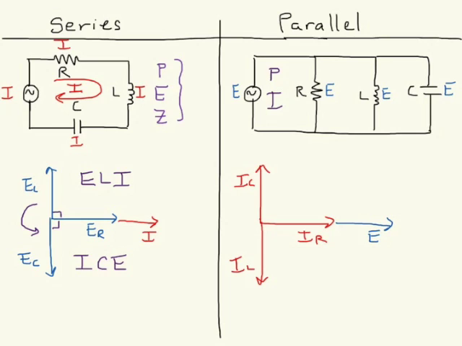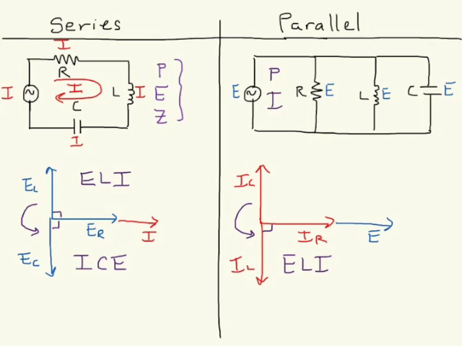So let me write our Eli, which will be down here now because we're looking at the relationship between voltage and current for our inductor, our L component, and our vectors are spinning counterclockwise, and we have that 90-degree angle there, and indeed voltage is leading current by 90 degrees.